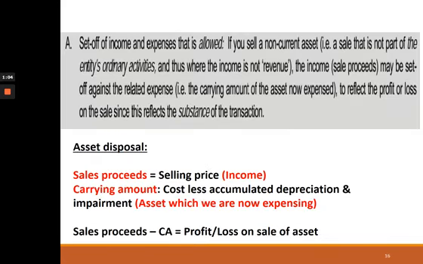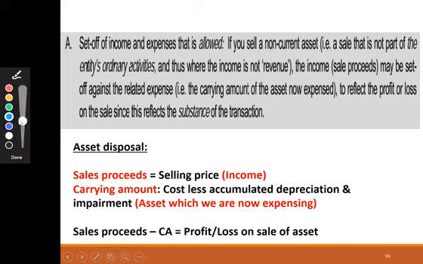In example A, we've got a set-off of income and expenses that is allowed. So if we sell a non-current asset, the sale would not be part of the entity's ordinary activities. So the income would not be reflected as revenue.